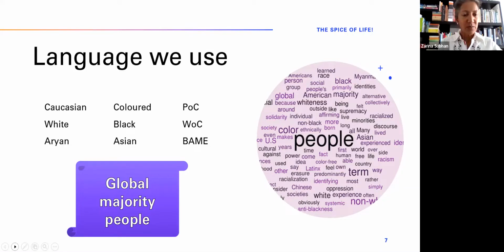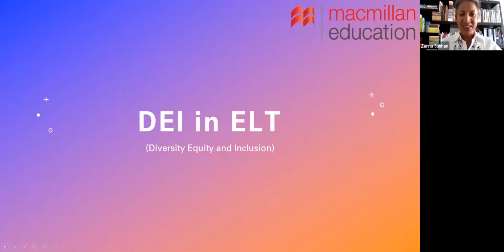So moving on, if it would let me, to diversity, equity and inclusion in ELT. Now, diversity, equity and inclusion also involves diverse ways of learning in the classroom, providing equity for people who learn in different ways, who may have a disability, who may have a learning difficulty, who may have been economically disadvantaged.